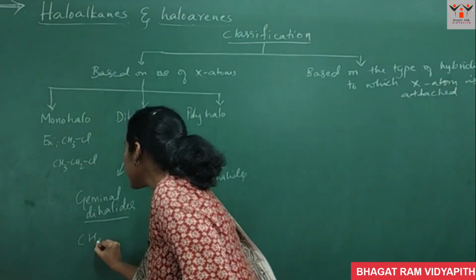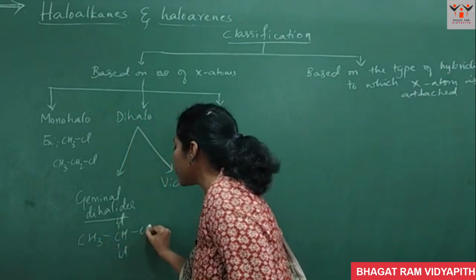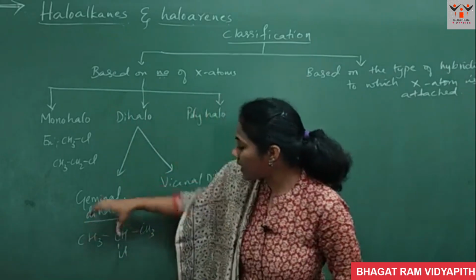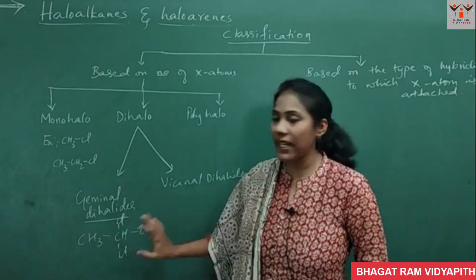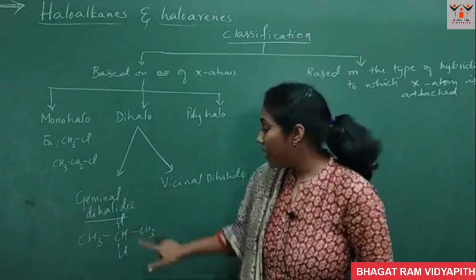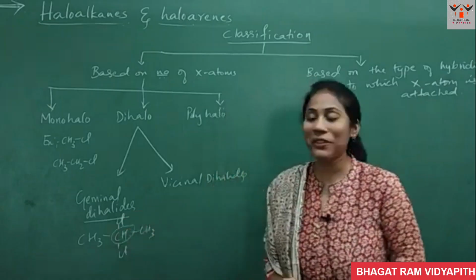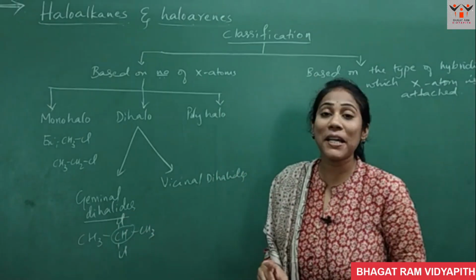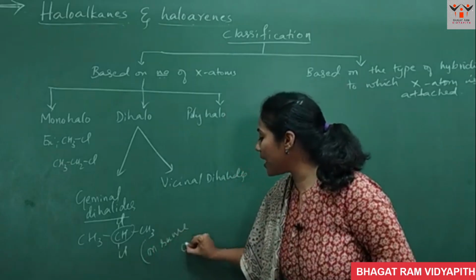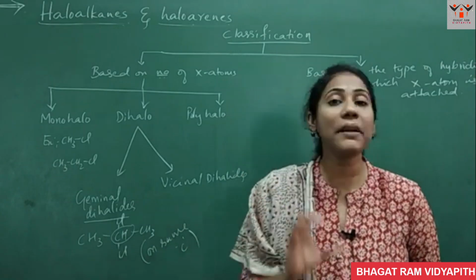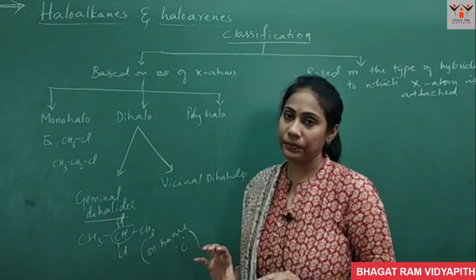So let me first give you an example for geminal dihalides. Look over here, CH3, CH, Cl, Cl, CH3. If you look at this compound, the compound has two halogen atoms. Here both are the same, both are chlorine atoms. But both are attached to the same carbon. If two halogen atoms are present on the same carbon, then it is called a geminal dihalide.